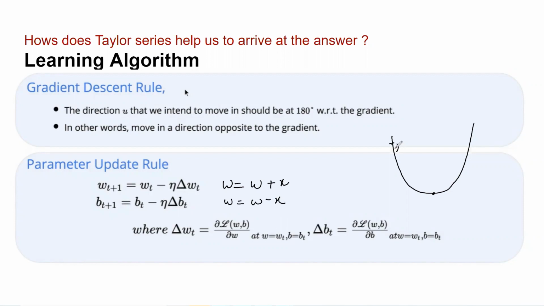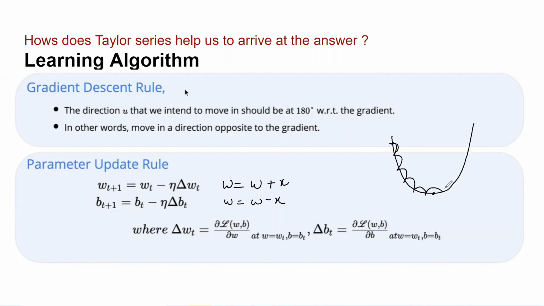So I'm doing updates like this, and there may be a chance that I overshoot the minimum point. So people understood that the perceptron algorithm is not really giving us the convergence criteria. Many times they saw that it was overshooting the point of minima and the process was going on forever.